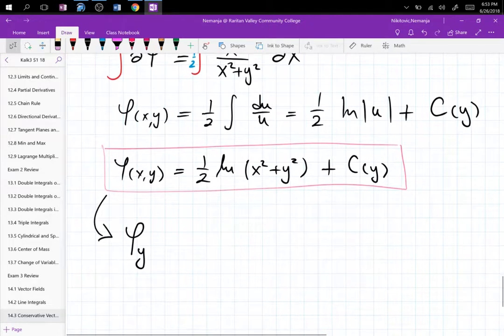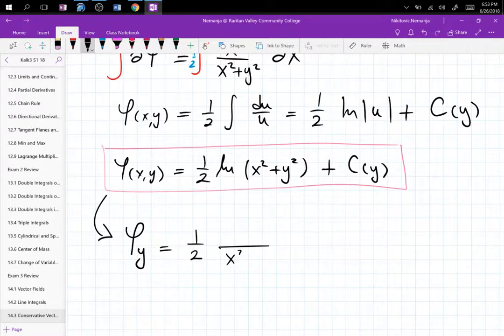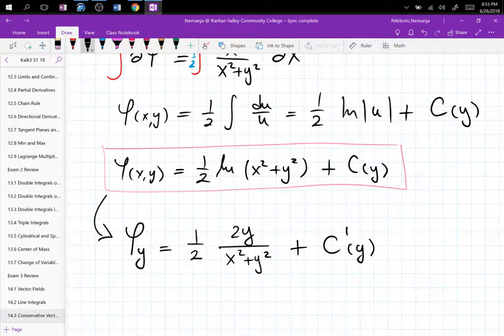So now, when I take the partial derivative of this, we know that we copy 1/2, then put this as a denominator, and take the derivative of this in the numerator. There we go, plus c prime of y, because we took the derivative of a function of y with respect to y, so it's enough to write c prime.